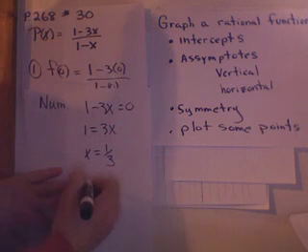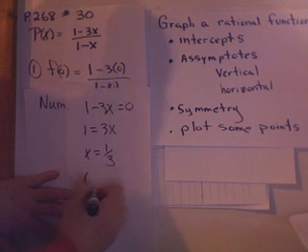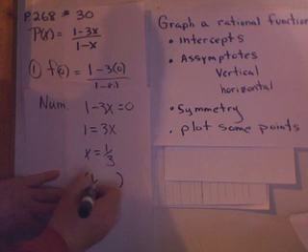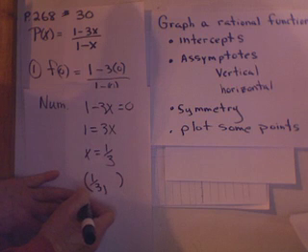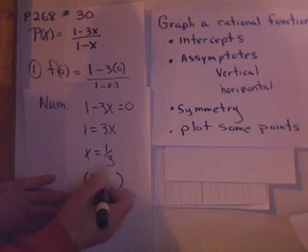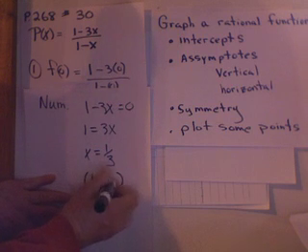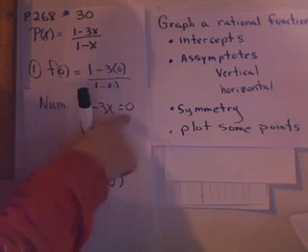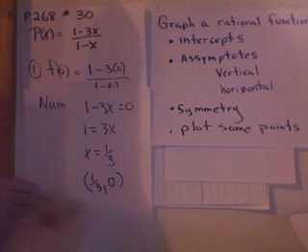So what ordered pair is that? Well, it's the ordered pair when x is 1/3. What is the y? We set it equal to 0. Remember, the y part was 0.